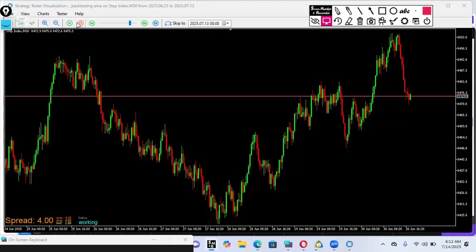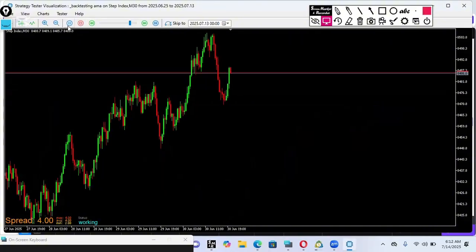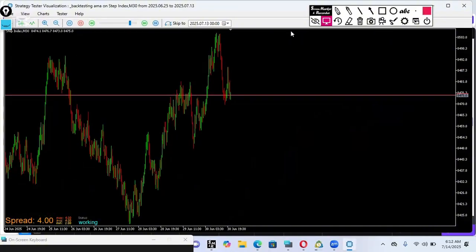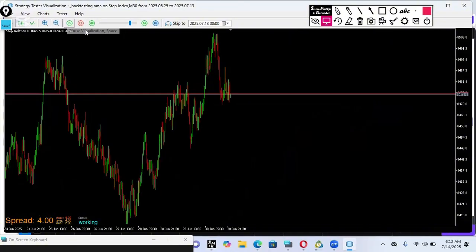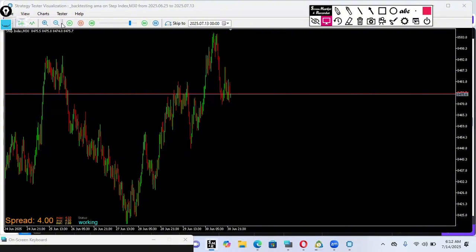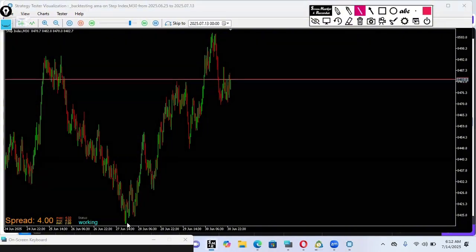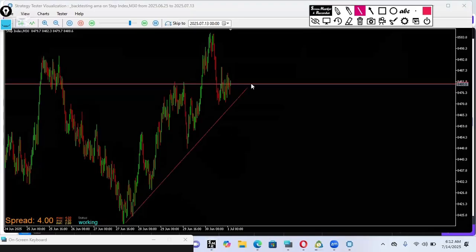So I play it again. Like I said, we are going to be experiencing some sort of retracement here. So you might decide to also trade this retracement. It's a choice anyway. Now there is something about this one.